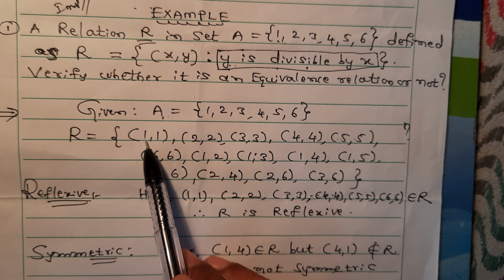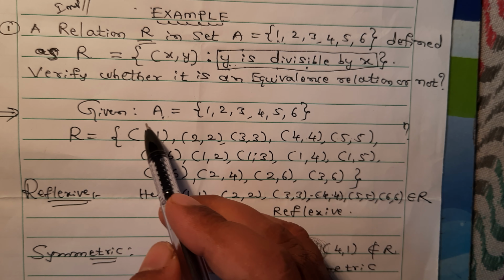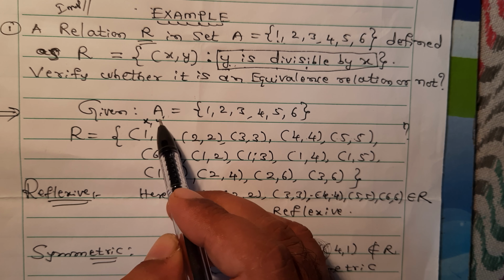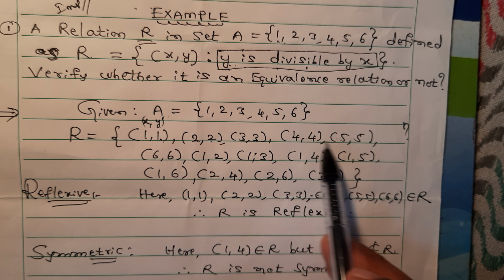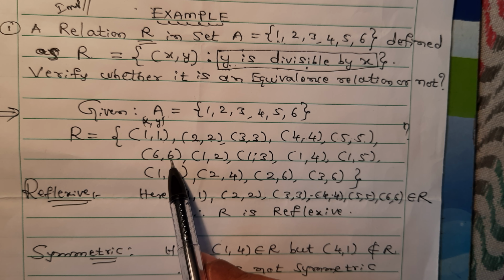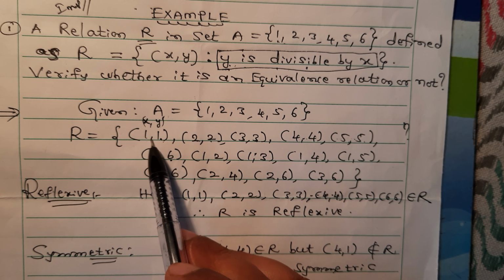See here, y is divisible by x. Every pair has x comma y. So here 1 divides 1, 2 divides 2, 3 divides 3, 4 divides 4, 5 divides 5, 6 divides 6. So remainder should be 0. See, divides means after dividing, the remainder should be 0.